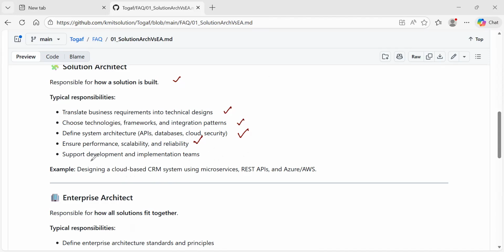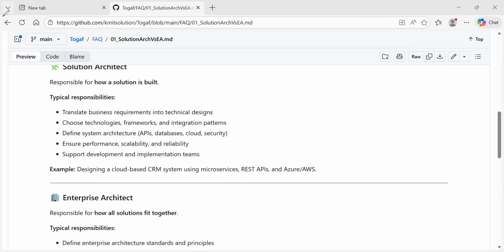So support the development and implementation team. Example, designing a cloud-based CRM using microservices, REST API, and Azure, AWS, right? So these are certain examples which depict what a solution architect does in their day-to-day activities.